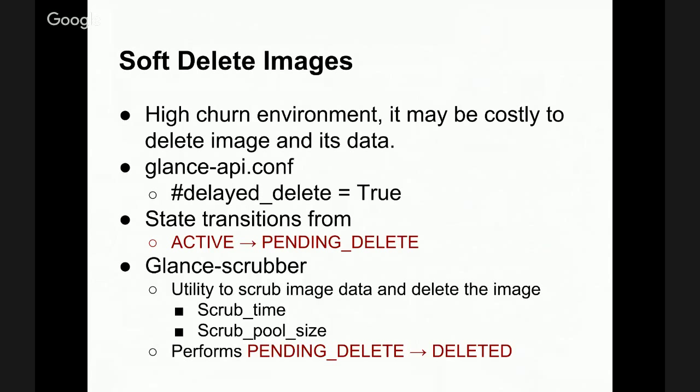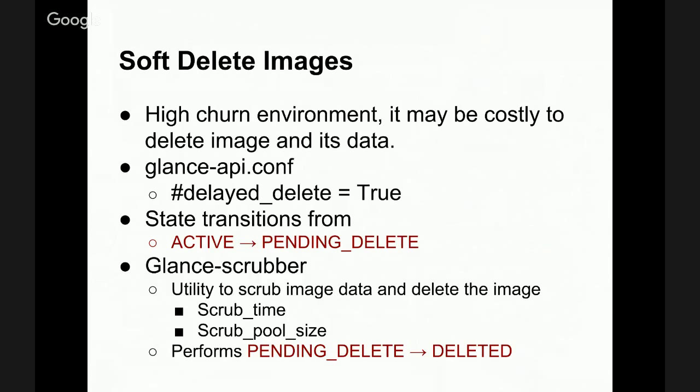So Glance has an option of delayed delete. If it's set to true, the image state transitions from an active state to a pending delete state. The pending delete state is nothing but marked for deletion, but the image is not deleted. In order to purge the image and its data, Glance has a utility called Glance Scrubber, which is used to scrub the image data.